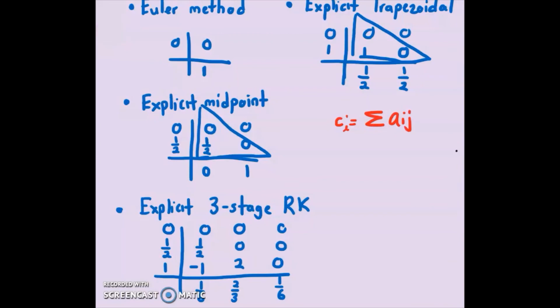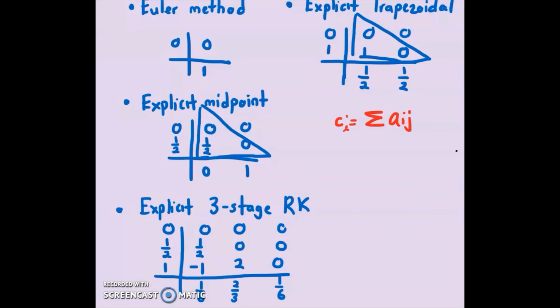Half plus 0 gives you half. Now 1 here, right? So 2 minus 1 is 1. Okay, so you add the row of A and it will give you the C on each row.